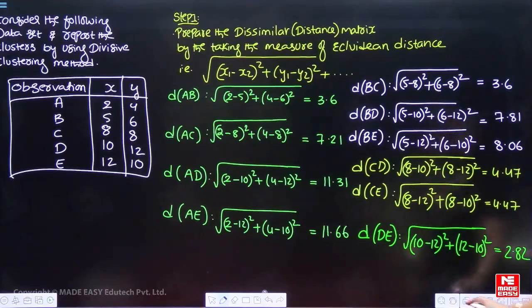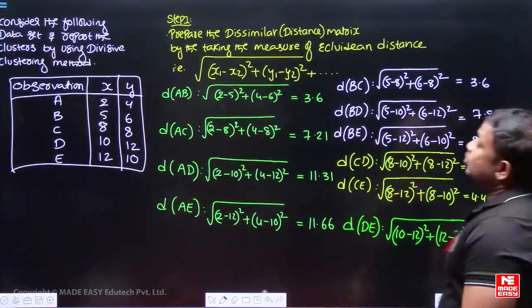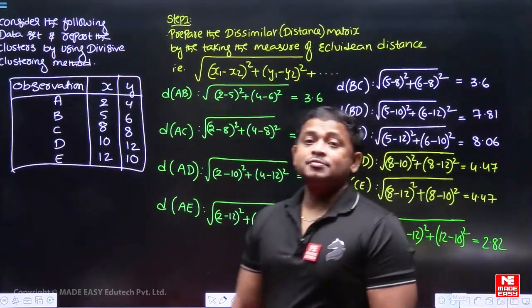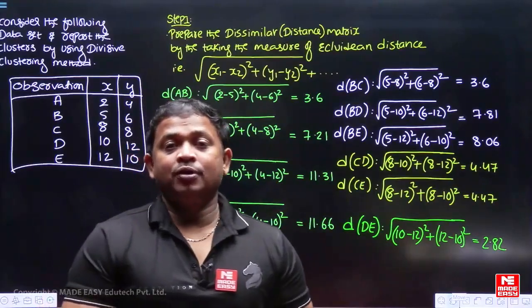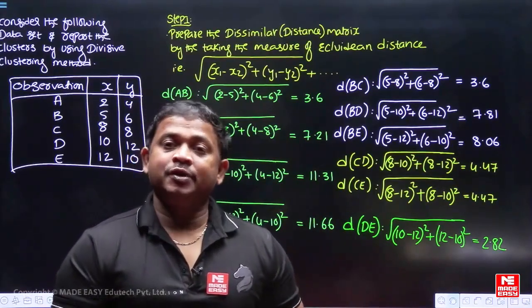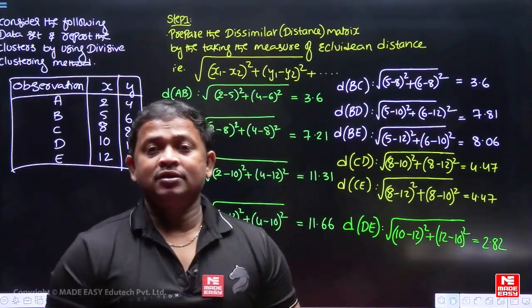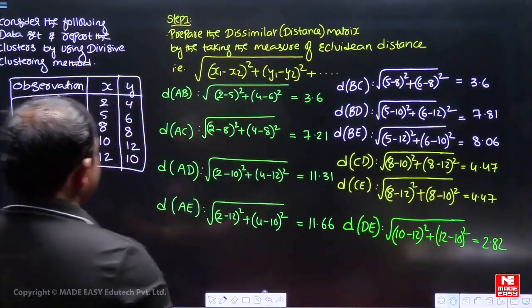Okay students, this is the way to identify the distance between the data points, right? For the first point, the distance is calculated with respect to all other points in the given data set by using Euclidean distance, right?